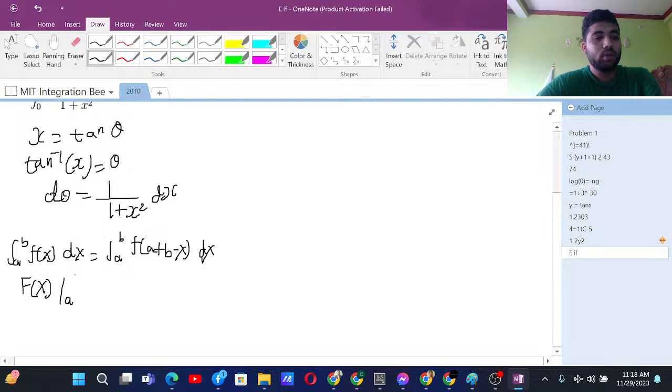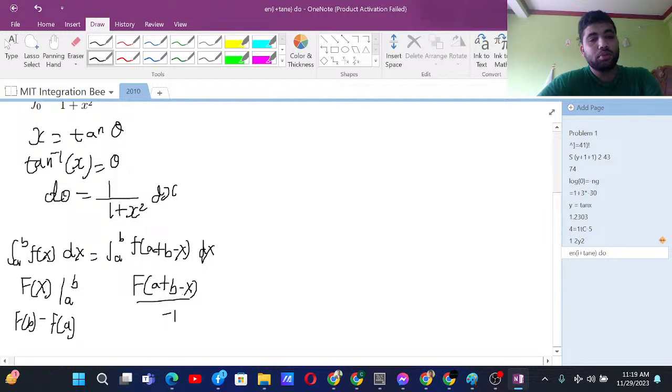It goes from a to b, and capital F of b minus capital F of a is the integral. From the other side, we will have capital F of a plus b minus x, divided by minus 1 because it's the coefficient of x, from a to b. At b, this is minus F of a. At a, this is plus F of b, and you see that's the same result.